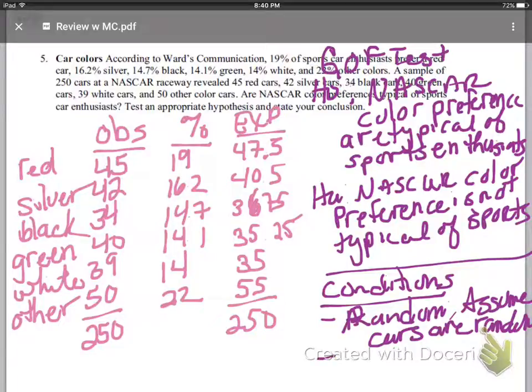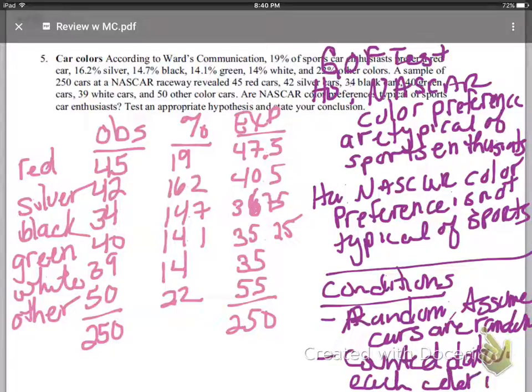Counted. Each color was counted data. Each color was counted.